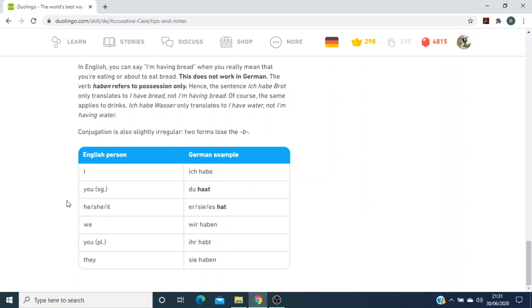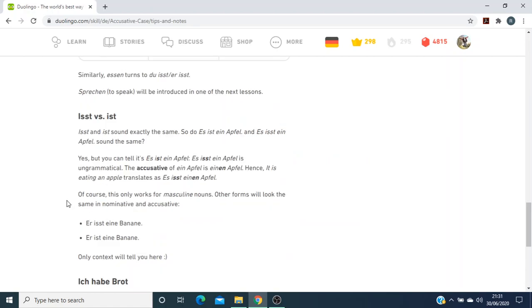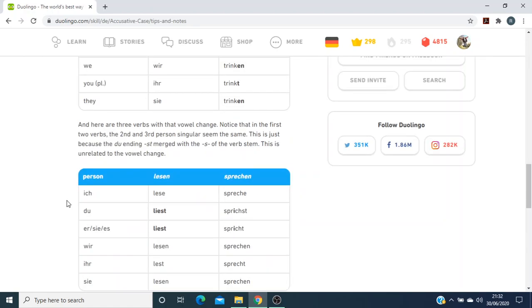And here are three verbs with a vowel change. Note that in the first two verbs, the second and third person singular seem the same.